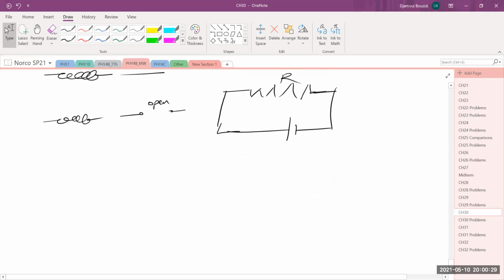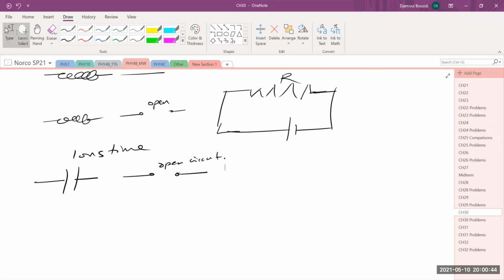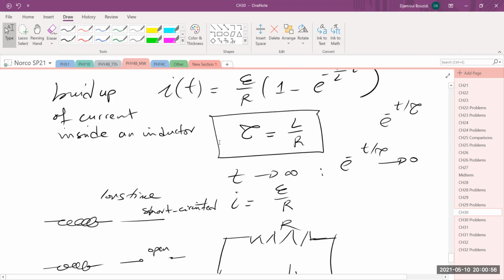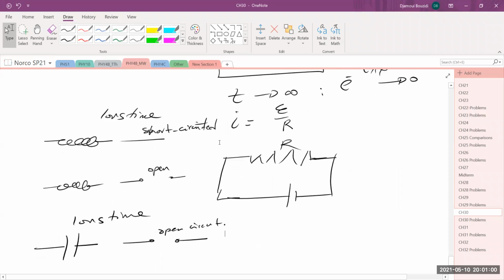If I'm dealing with the capacitor, and if it says that after a long time, the capacitor will become as an open circuit. It's opposite, because the capacitor, after a long time, will be fully charged and will not allow current to go through it anymore. Whereas in this one, after a long time, the current will be steady and it doesn't care at that point. It's not going to oppose, because it opposes the change. It doesn't oppose the current.